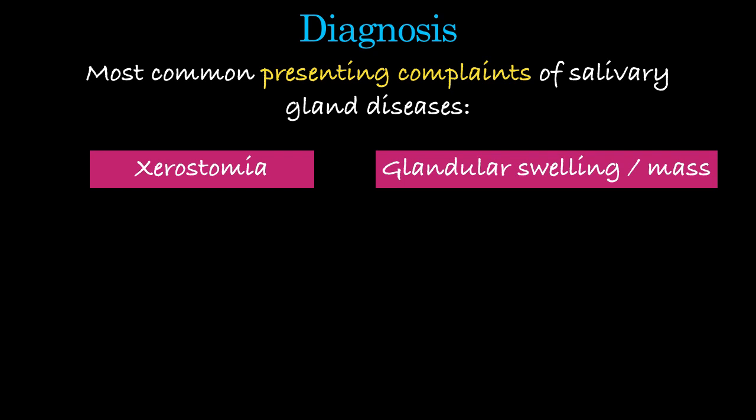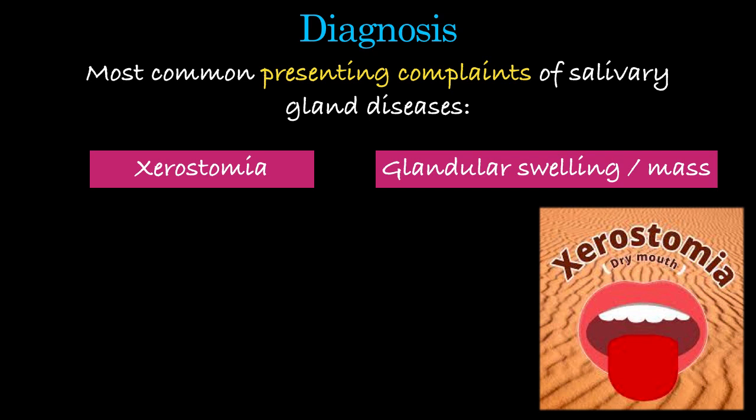Sometimes the patient will complain of both xerostomia and glandular enlargement at the same time. If the patient has xerostomia, this means that there is not enough salivary secretion in his mouth. Then the mucosal surfaces will be very dry.